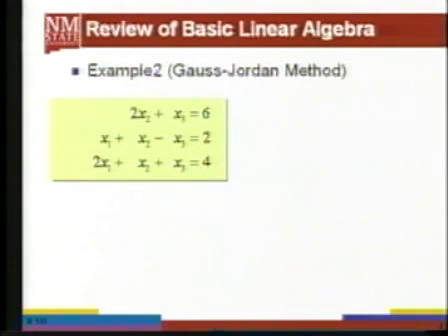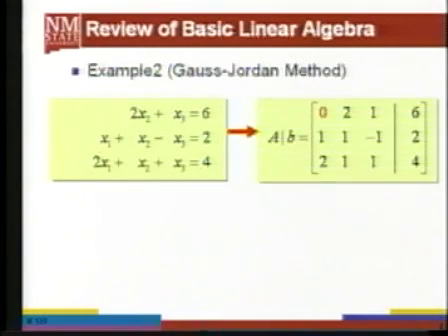So to solve this system of linear equations by Gauss-Jordan method, first, from the augmented matrix like this, the 0 in row number 1, column number 1 means that a type 1 elementary row operation cannot be used to create a 1 in row number 1 and column number 1, right?